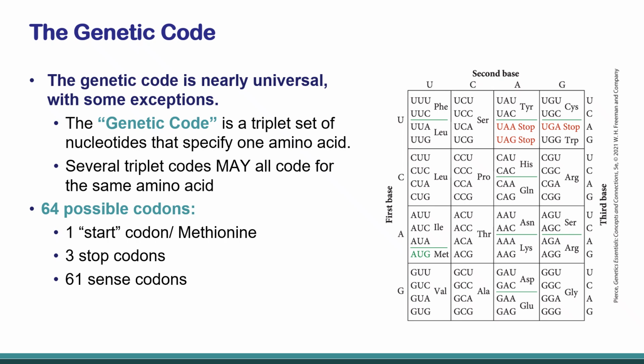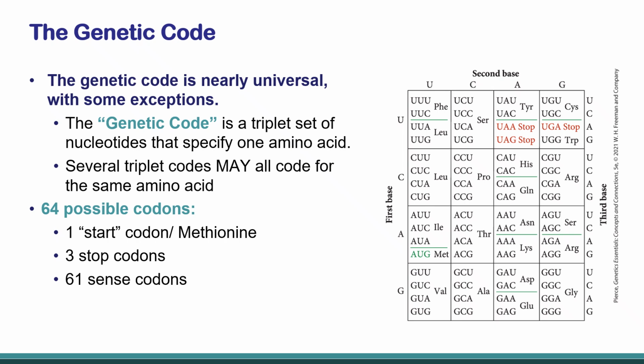So we call this genetic code a triplet code because every set of 3 nucleotides specifies 1 amino acid. In addition, there are several different codes that may code for the same amino acid. We'll talk about why that is in just a little bit. So there are 64 different possible codes or codons, and there are only 20 amino acids.